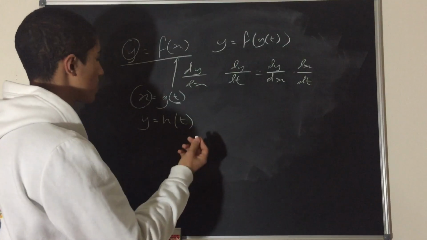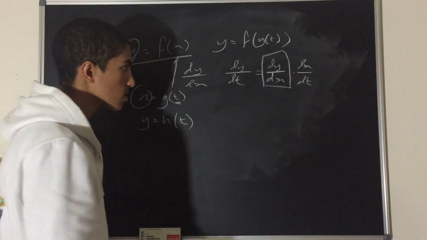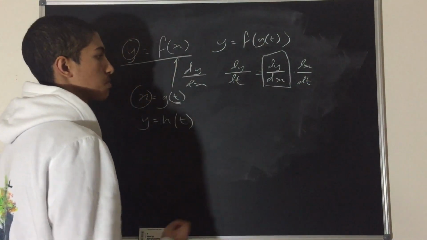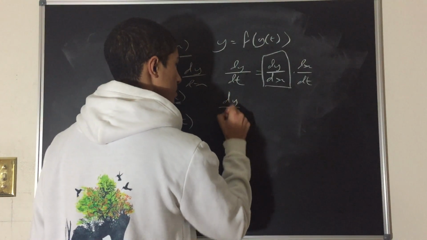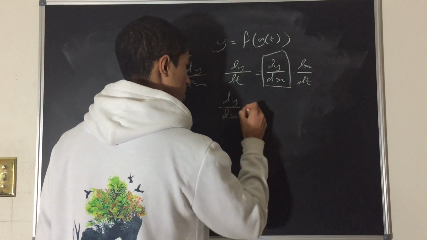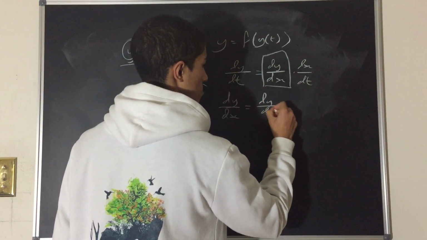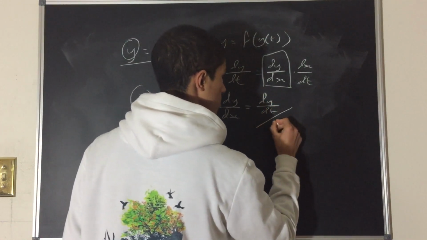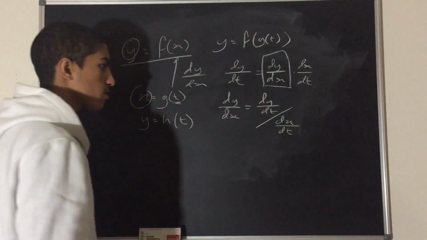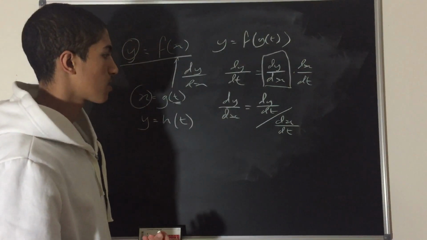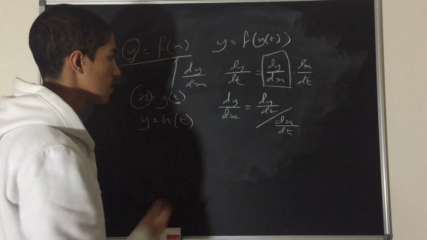And now we have the thing that we're trying to solve for here, which is dy by dx. So we divide on both sides by dx by dt, and then we end up with dy by dx is equal to dy by dt, all divided by dx by dt. And this is wonderful. We've established the first derivative of a parametric function in terms of the parameter t.